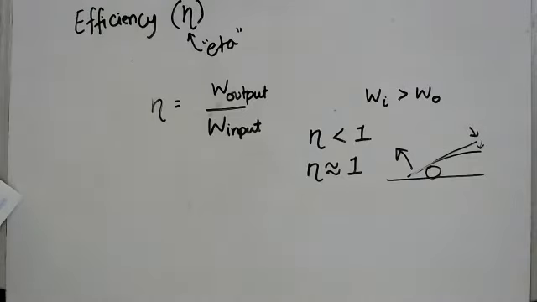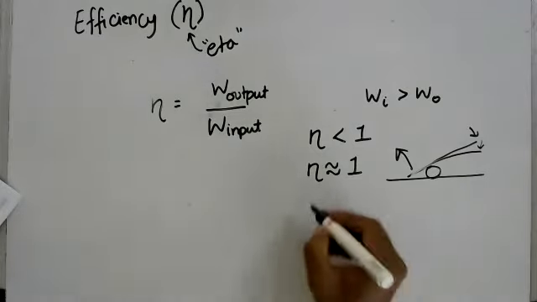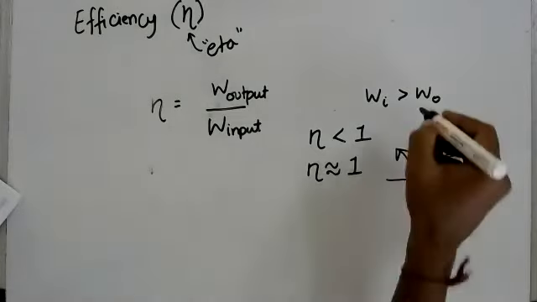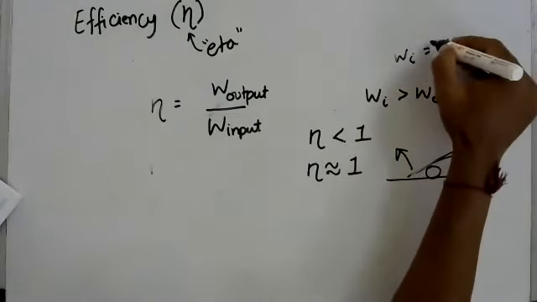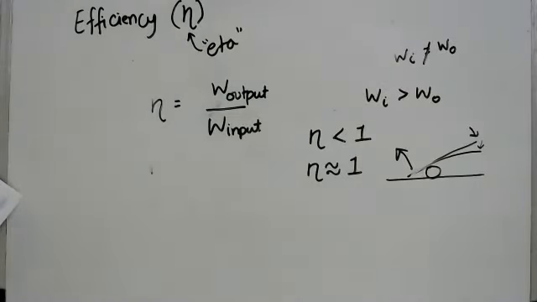So are there any machines in which you can have the work input equal to the work output? No, this is almost impossible to create. There can be biological systems, I am told, in which there is a possibility of getting very close to efficiency of 1, but even there it is not exactly equal to 1.